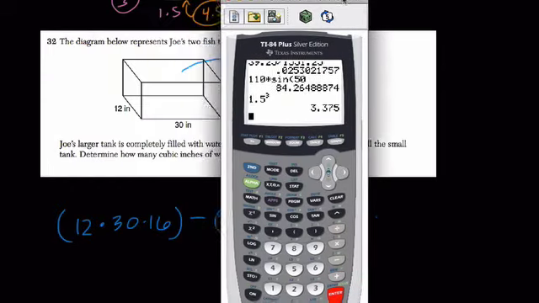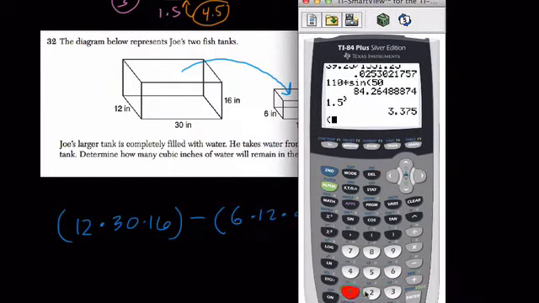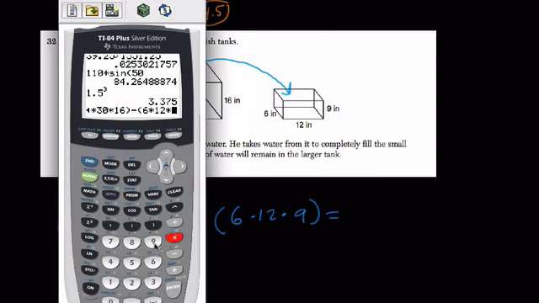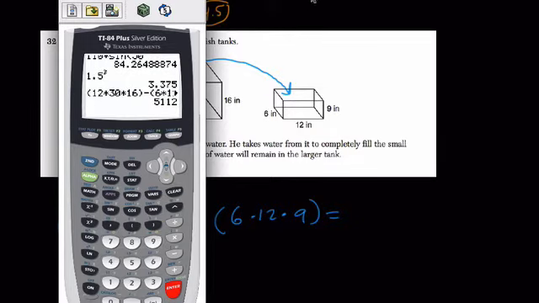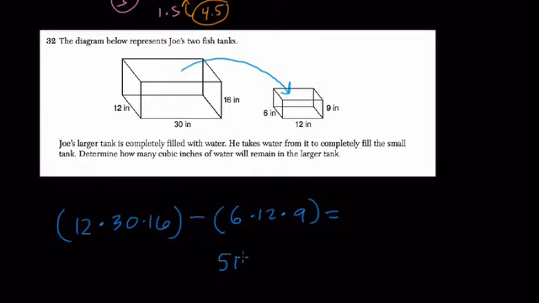So we can plug that in quickly: parentheses 12 times 30 times 16, close parentheses, minus parentheses 6 times 12 times 9, close parentheses, and enter. And our answer is 5,112 cubic inches. That is the amount that will remain.